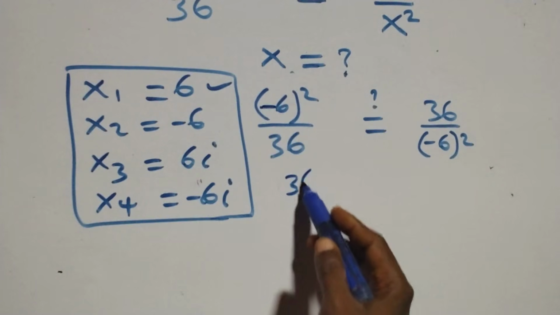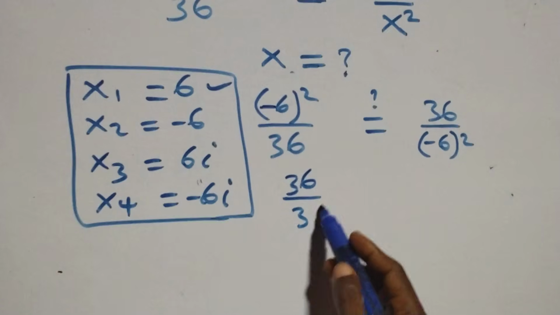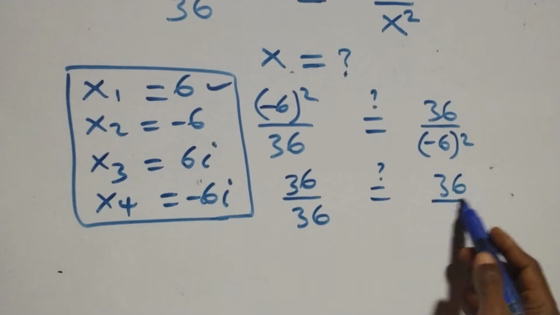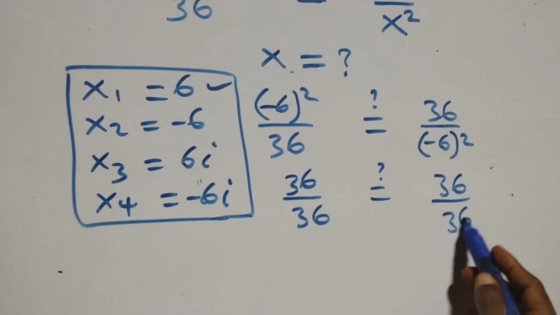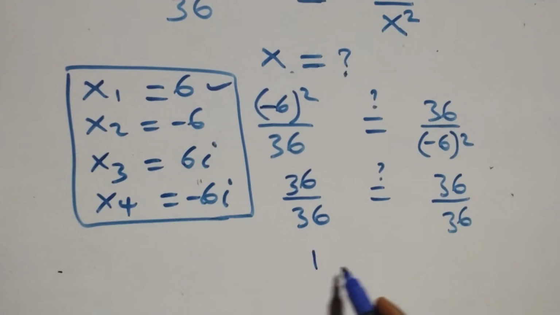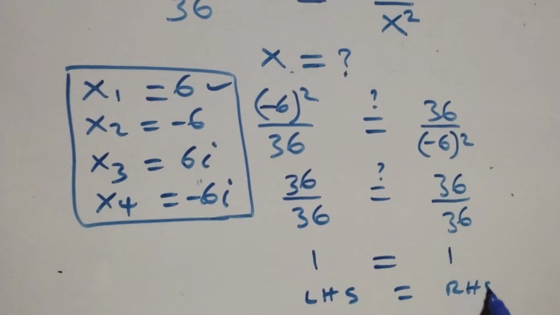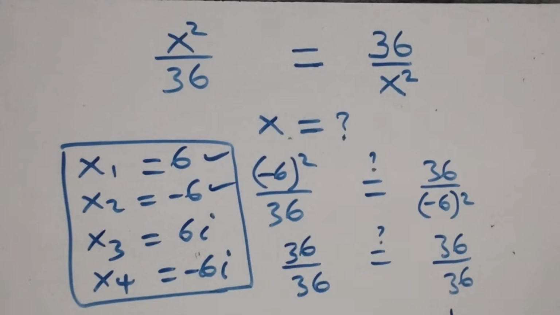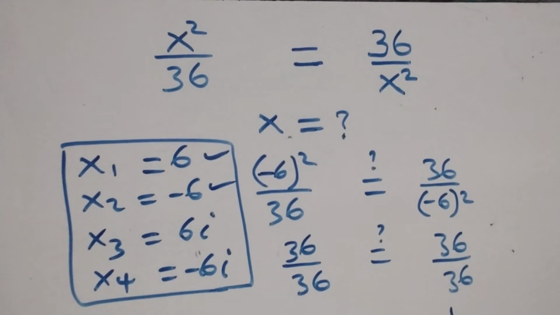So we have 36 over 36, is it equal to 36 over 36? 36 over 36 is 1, which equals 1. Left hand side also equals the right hand side. That is, x equals minus 6 satisfies the given problem.